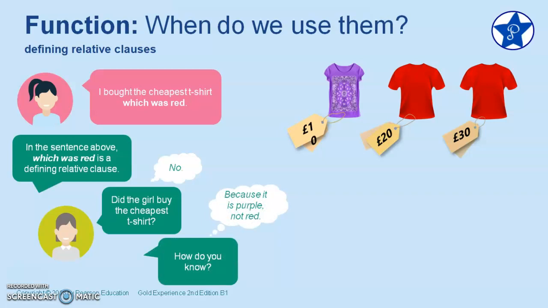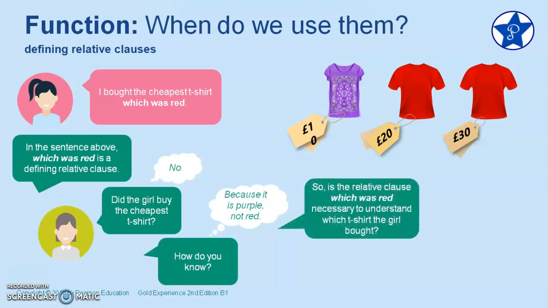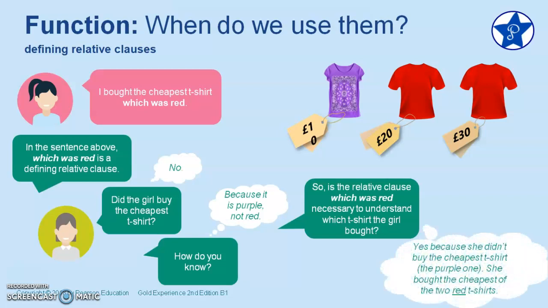Because it is purple, not red. So, is the relative clause which was red necessary to understand which t-shirt the girl bought? Well, yes it is. Because she didn't buy the cheapest t-shirt, the purple one, she bought the cheapest of the two red t-shirts.